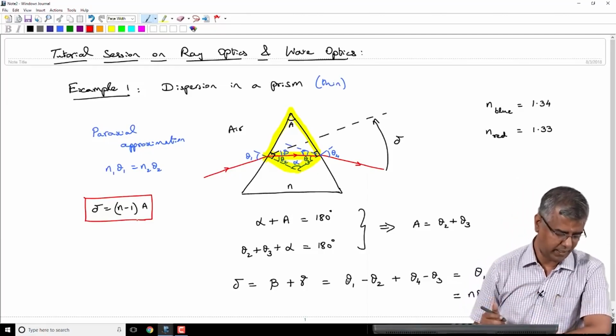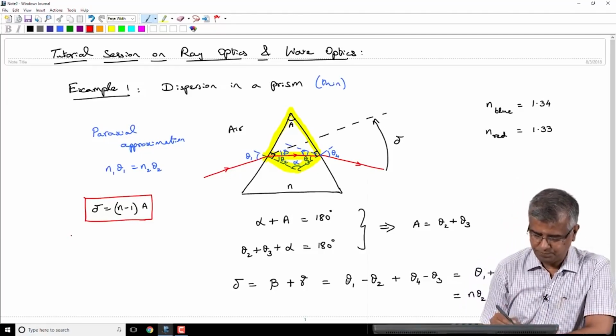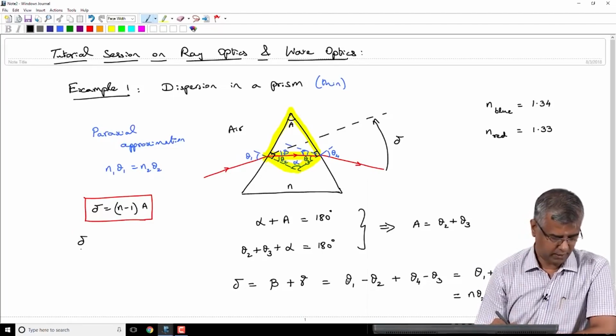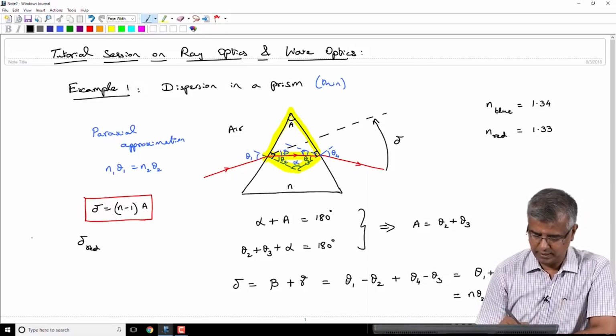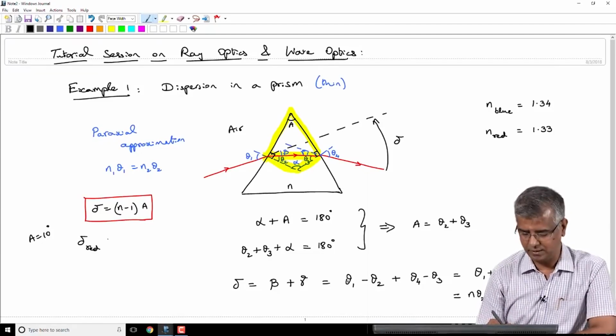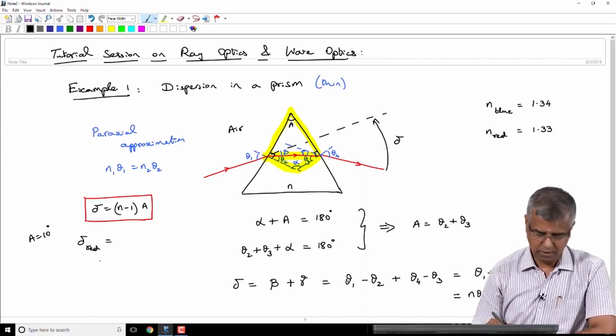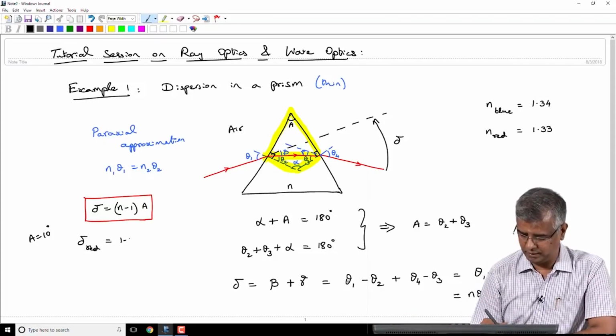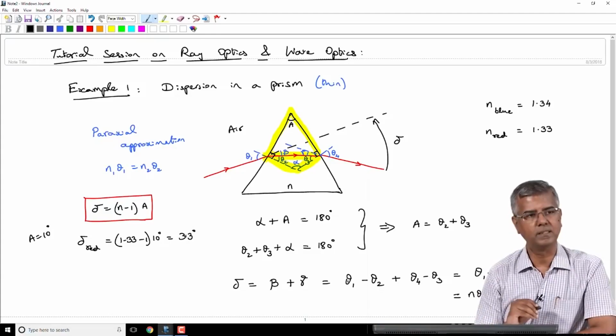So let us just do that. Let us say A equal to 10 degrees. So delta for red color is going to be 1.33 minus 1 multiplied by 10 degrees, which gives you 3.3 degrees.